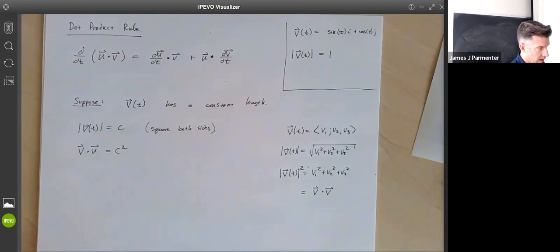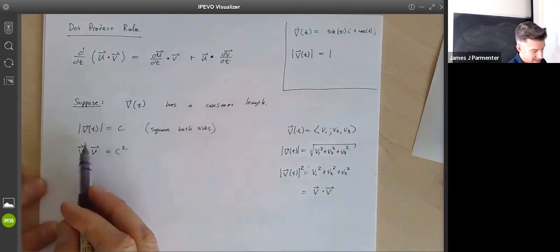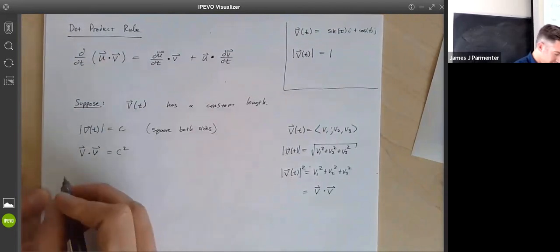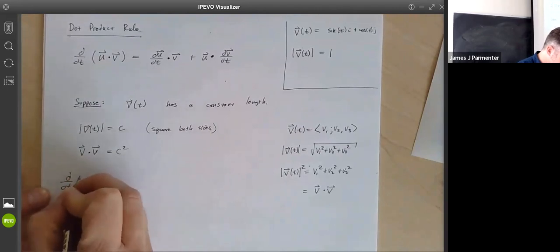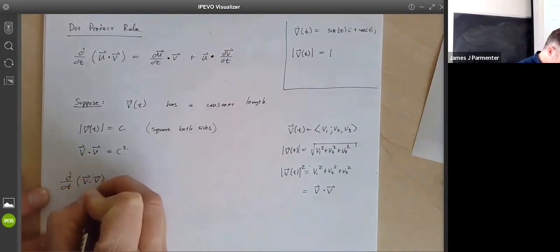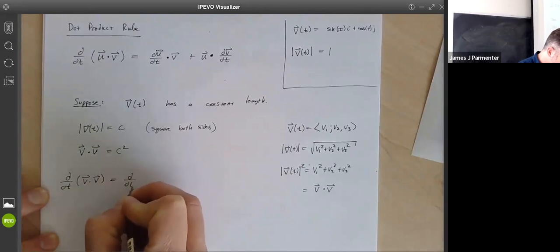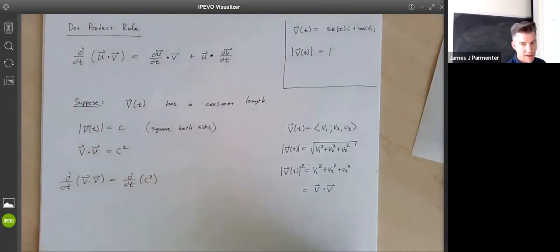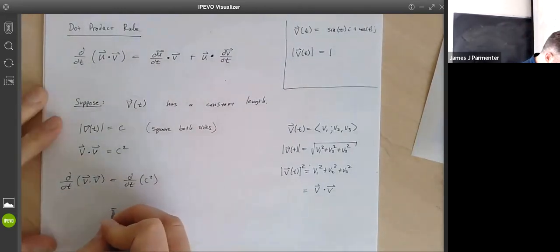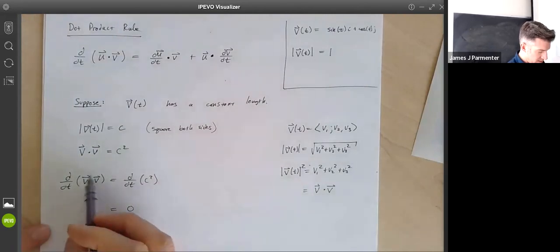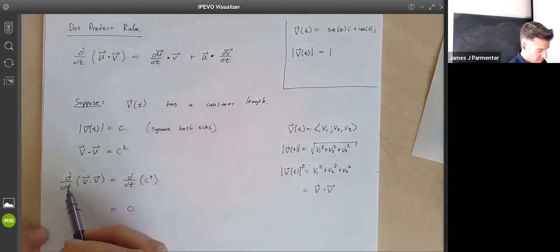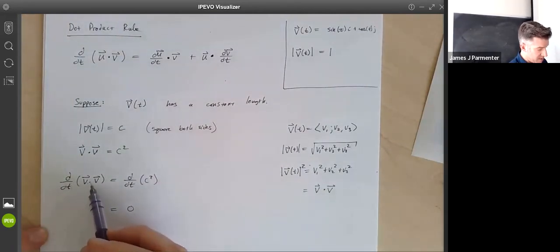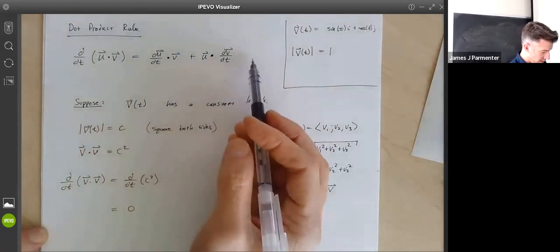All right, so now I'm going to take the derivative of both sides of this. Well, a constant squared is still a constant, and the derivative of a constant is 0. On the left-hand side, the derivative of a vector dotted with another vector, I'm just going to use this rule right here.